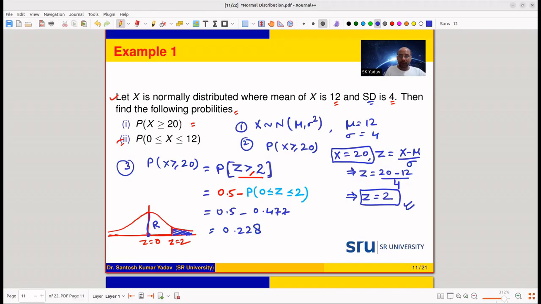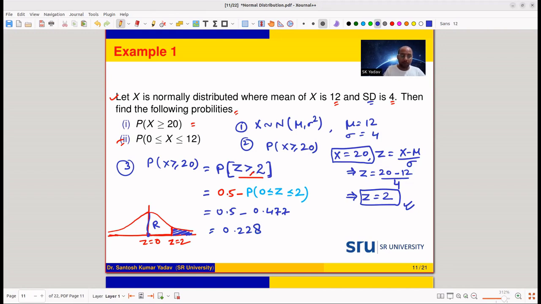So this is your first area under the curve, or you can say the probability that x should lie above x equal to 20.